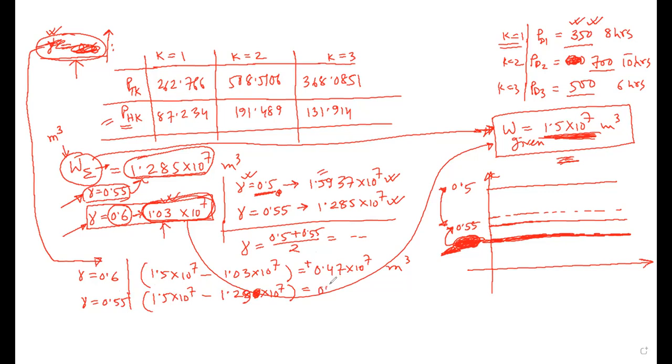Then it is 0.21 into 10 to the power 7. It's still plus, but less than this. The error is still plus, but less than this. So our new gamma will be this, that is to be averaged with this one, sitting at the top, 0.55.